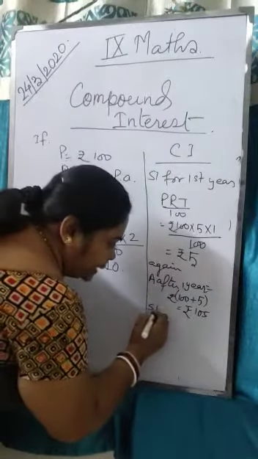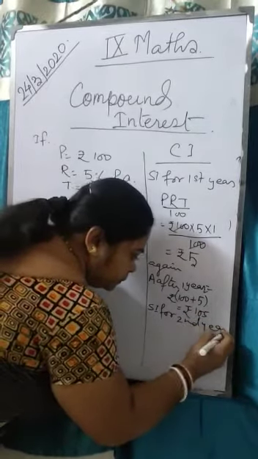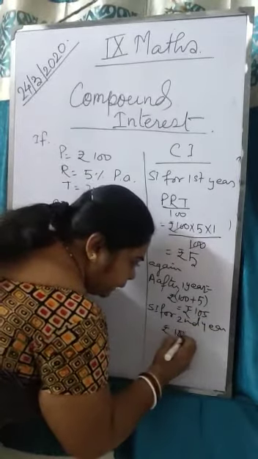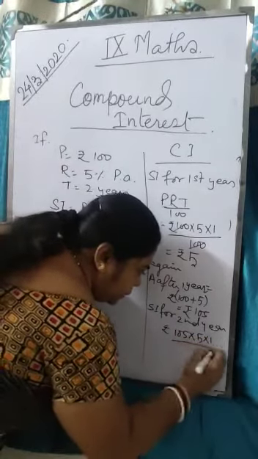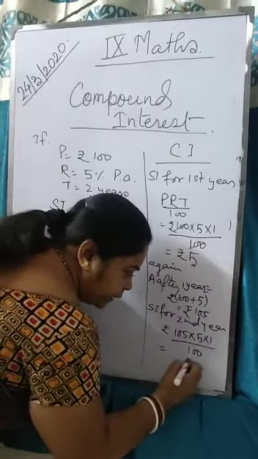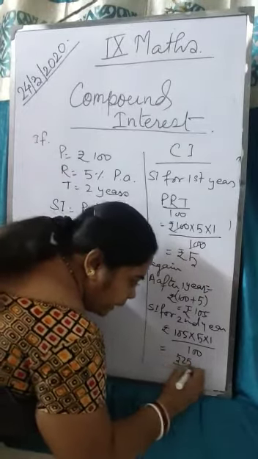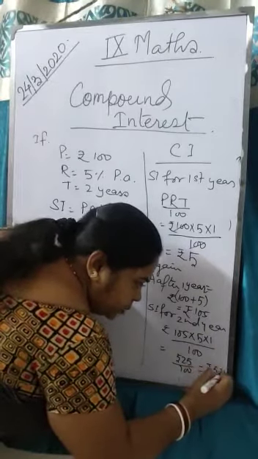This 105 rupees stands as the principal for the second year. So if we find SI for the second year, that gives you rupees 105 into 5 into 1 by 100. Now 5 5s are 25, by 100, and it gives you rupees 5.25.